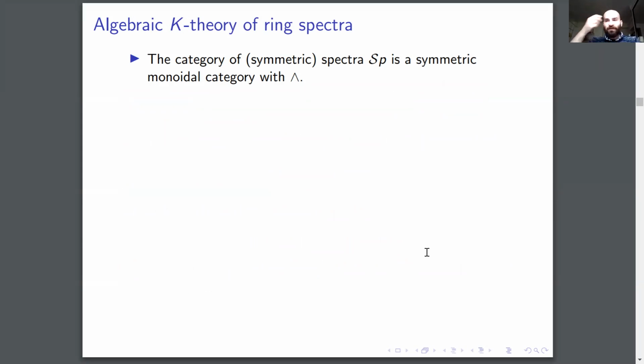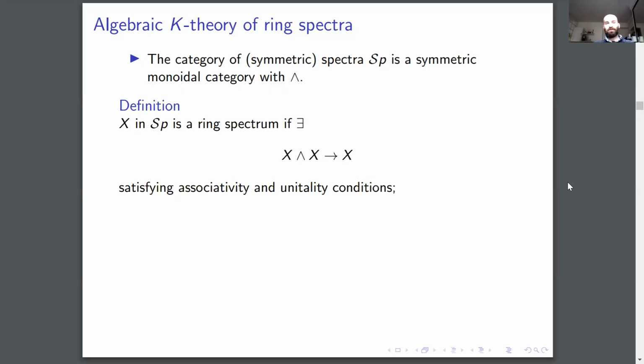Let me define what a ring spectrum is. The category of spectra is a symmetric monoidal category with the smash product being the monoidal product. You need to be using a nice category of spectra, like symmetric spectra, EKMM spectra, whatever you like. It doesn't matter for the sake of this talk or work.